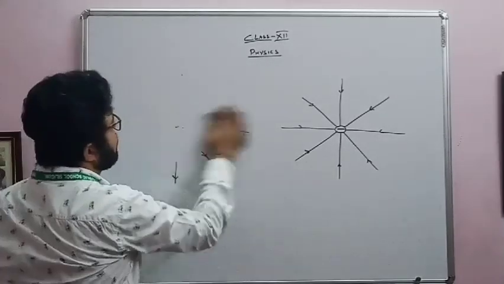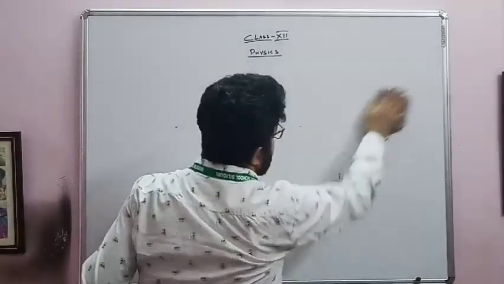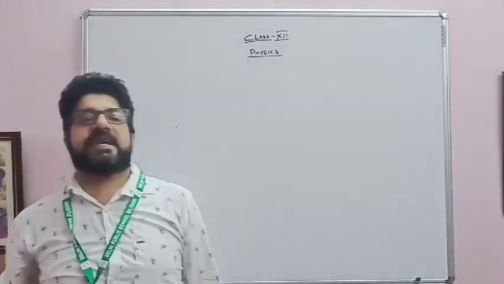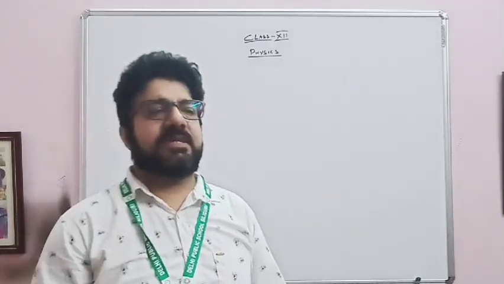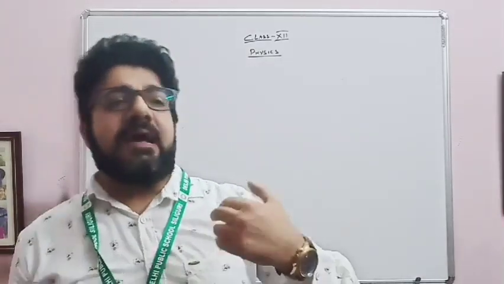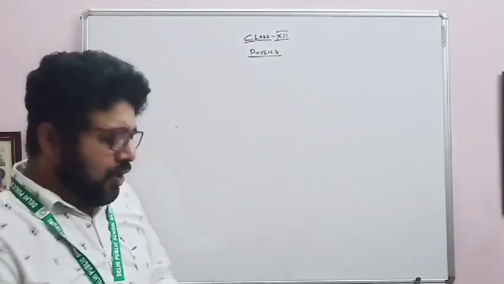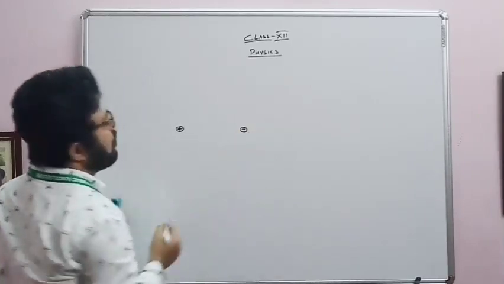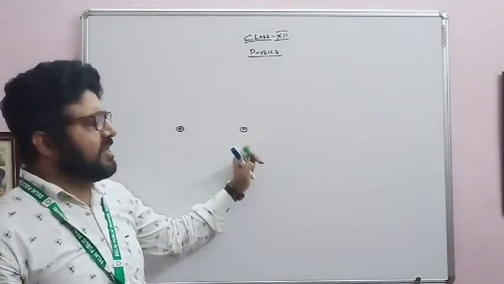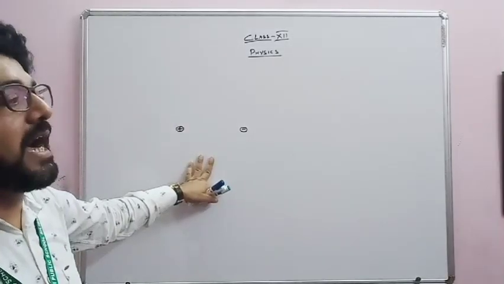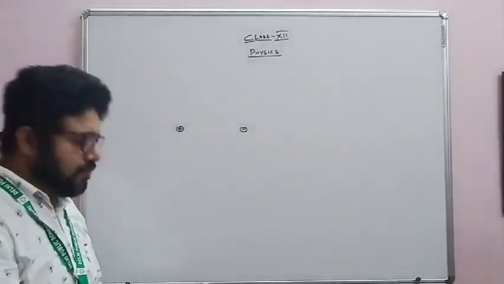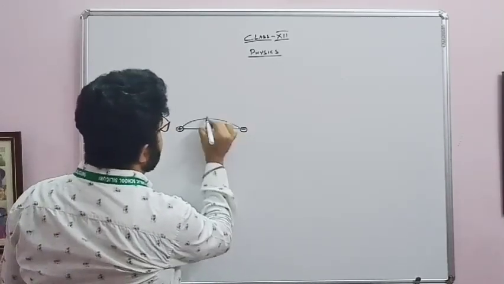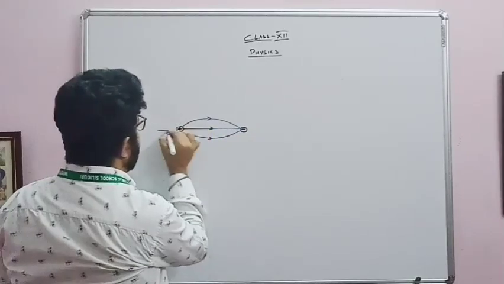Now, suppose we have a pair of charge particles. Pair basically means one is positive, one is negative, but here we consider a pair to mean one can be positive and one negative, both positive, or both negative. So first suppose one is positive and one is negative, with a very small distance; this is called a dipole. Di means two, pole means two poles. Here the direction of electric field lines is plus to minus.